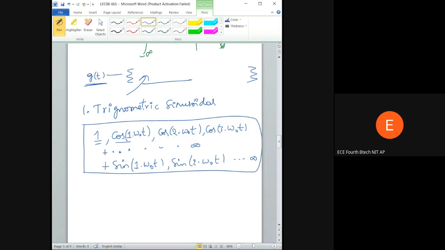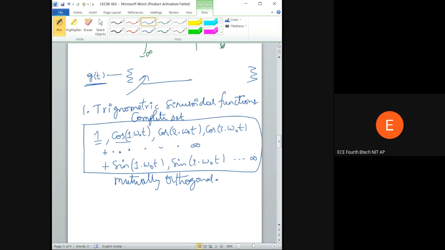So that is the trigonometric sinusoidal functions. This forms a complete set. Not only a complete set, it is mutually orthogonal to each other. What do you mean by mutually orthogonal?